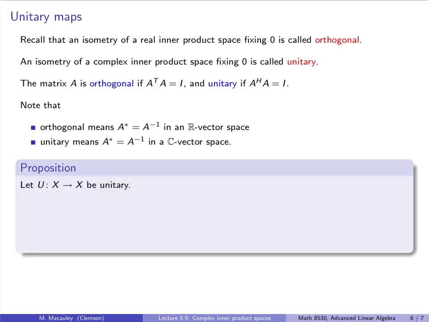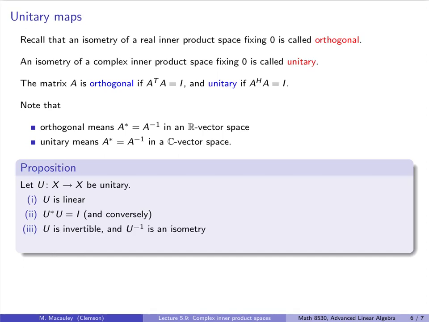Here's a quick proposition which we basically established for real vector spaces and orthogonal maps. Go back and watch that lecture. The proofs carry on almost exactly the same here, just with a slightly different meaning as to what A star is. So let U be a unitary map from a vector space to itself. Then U is linear, and U star U is the identity. Conversely, U is invertible, and its inverse is an isometry.